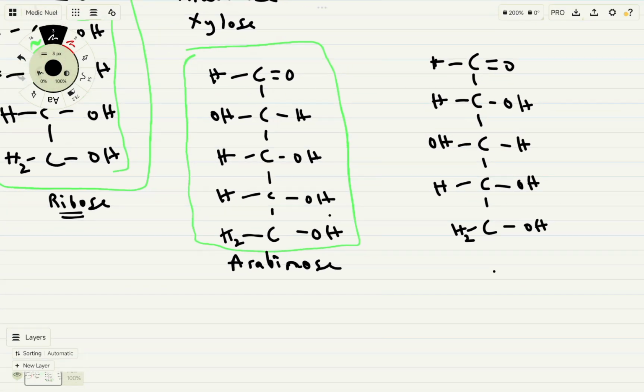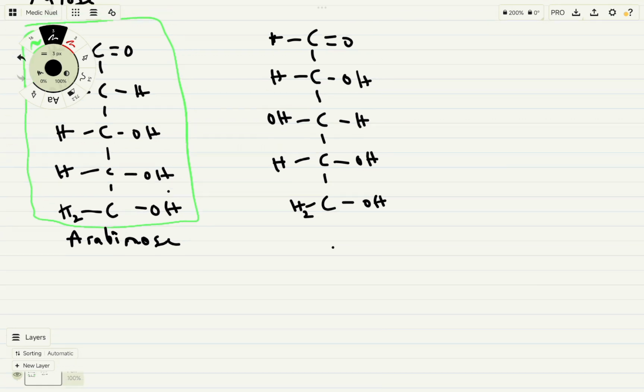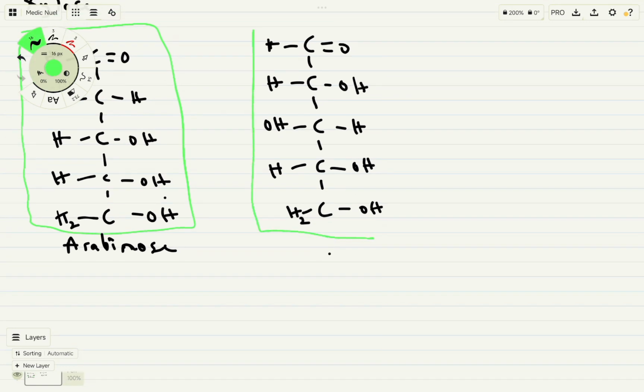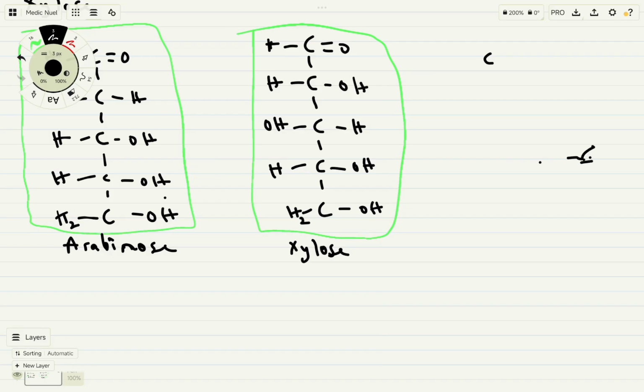Now in some textbooks you might see them write xylose like this. You will see C, then H, then C, then OH, then H, then C, then H, then OH, then C, OH.